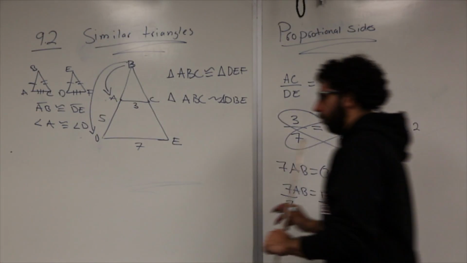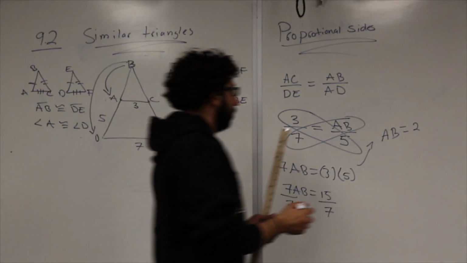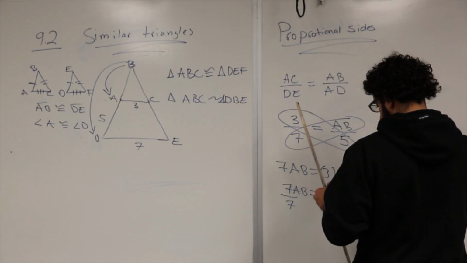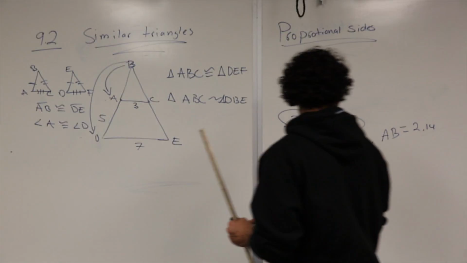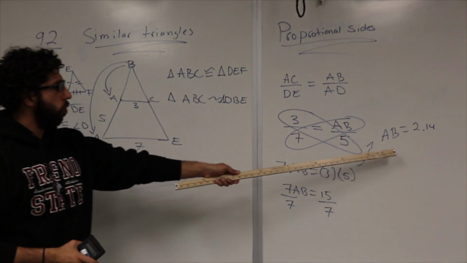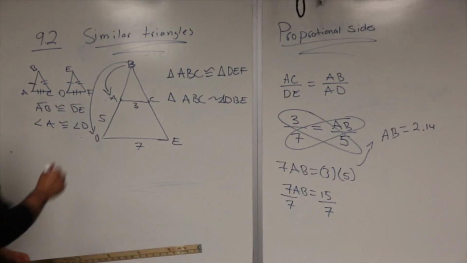I think it's 2 point something, but let's find out. 15 divided by 7 is 2.14. 2.14 is the answer. So now we found out that AB is 2.14.